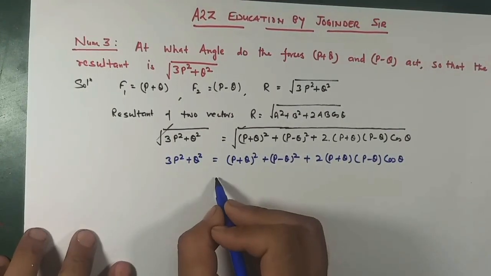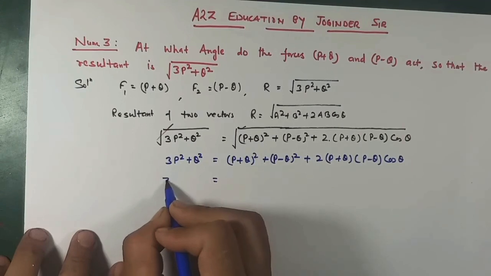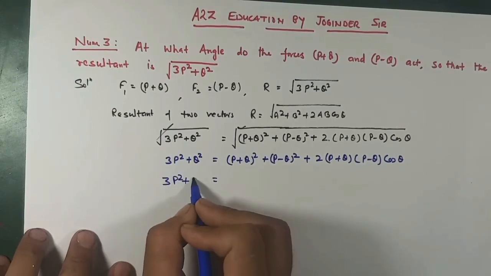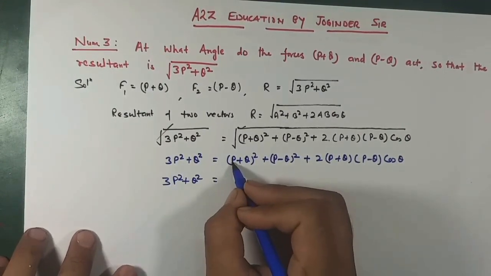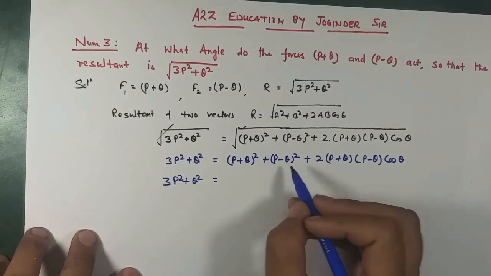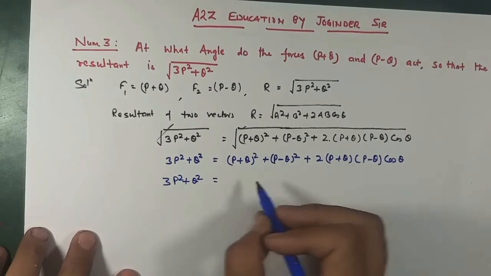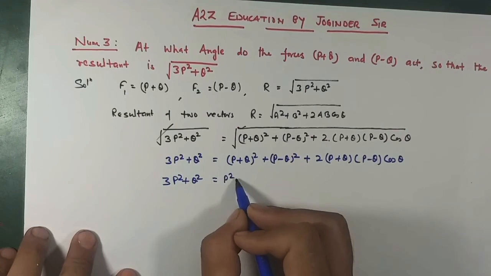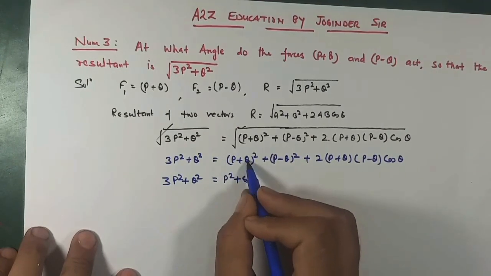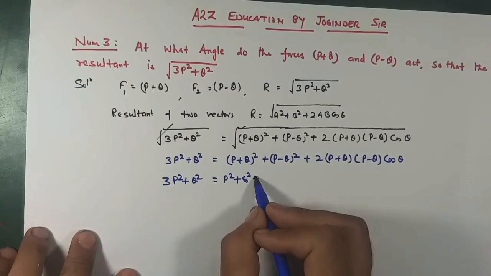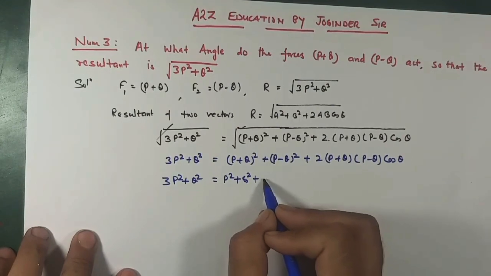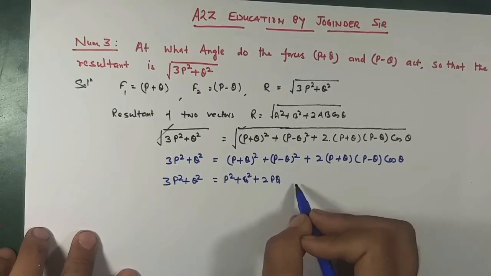So we can apply the formula here. 3P square plus Q square here becomes the formula of A plus B whole square, then A minus B whole square. So A square plus B square, B is Q, plus 2AB, 2PQ.